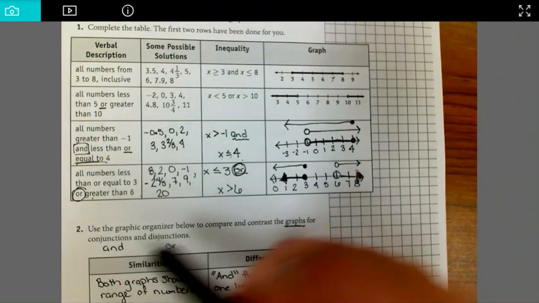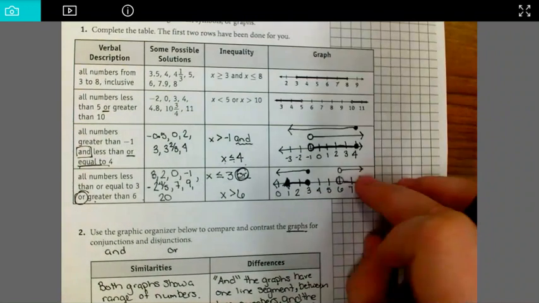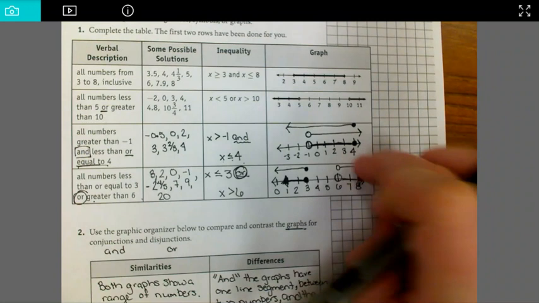We have rays, but they're going away from one another, not coming towards each other. Okay? On to your debriefing question.